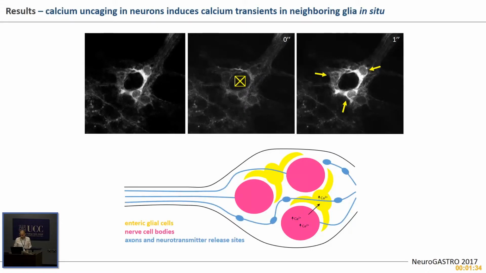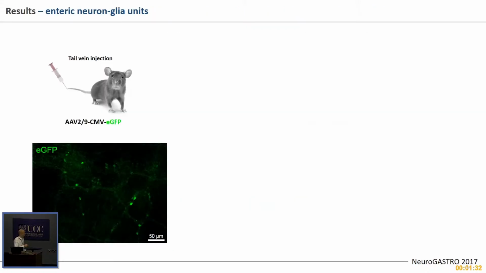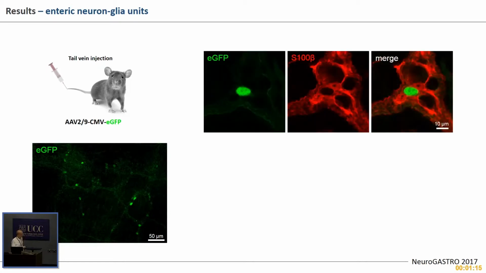So we wanted to see if there's some neuroanatomical basis for that. For that, we did a labeling strategy where we injected adult animals via their tail vein with a viral vector encoding GFP, the AAV9 vector system, to sparsely label enteric neurons throughout the enteric plexus. We then did some stainings for S100 beta and really looked at how S100 beta positive enteric glial cells are touching one neuronal cell body.